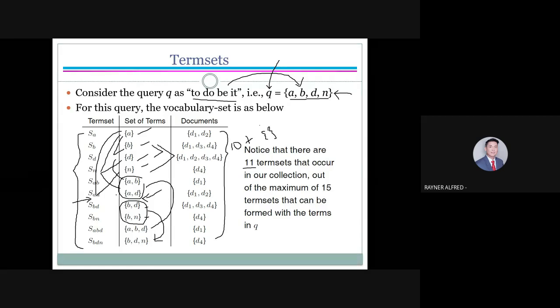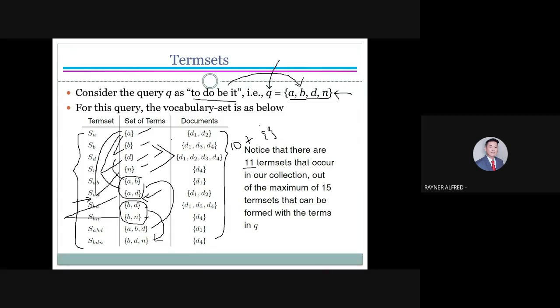We cannot combine this and this, because what we want to do is start from single, then double, and combine to get the 3 term sets. We cannot combine A, D, and B, N because we would have a 4 term set.